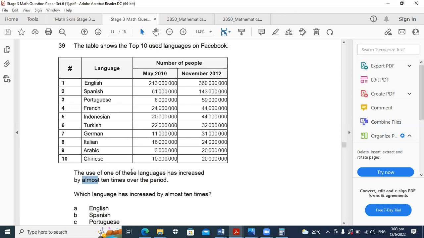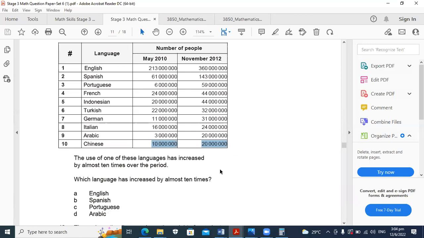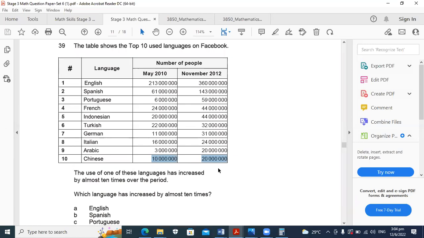It says almost, you know. It wasn't a double, it's almost double. So rule out Chinese. You see that? Yes, sir.